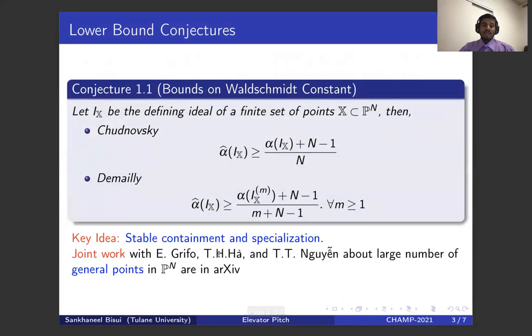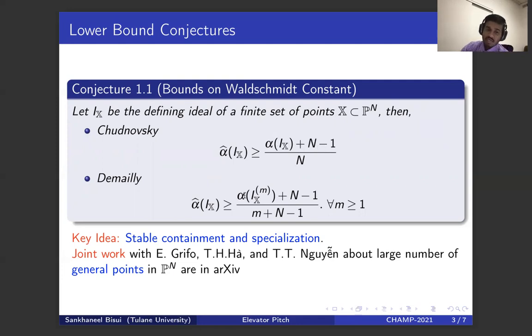Now, in general, the study of the Waldschmidt constant and its exact values is really difficult, and a more desirable thing is to study the lower bound of the Waldschmidt constant. If I_X defines the ideal for a set of points, then Chudnovsky's conjectural lower bound for the Waldschmidt constant is given by the initial degree of the ideal defining X plus n minus 1, over n.